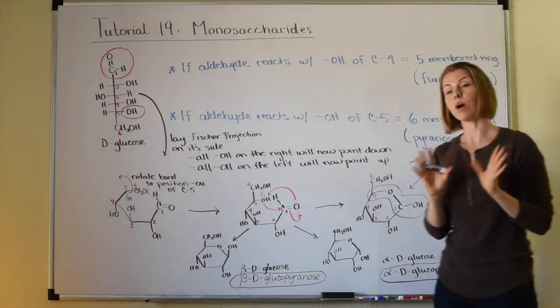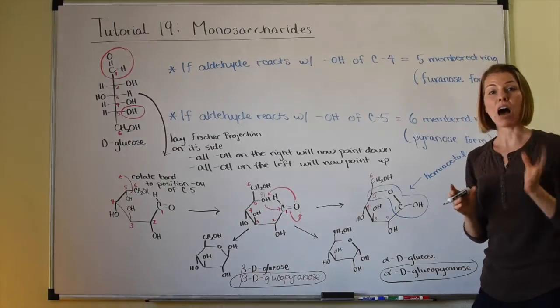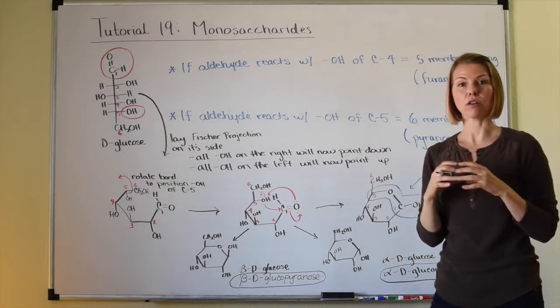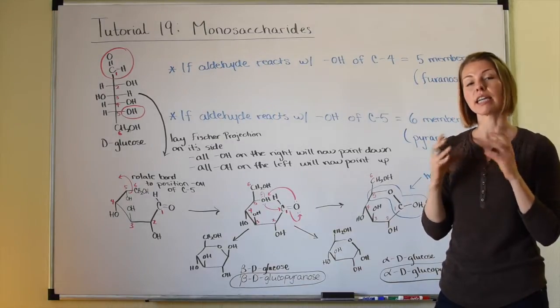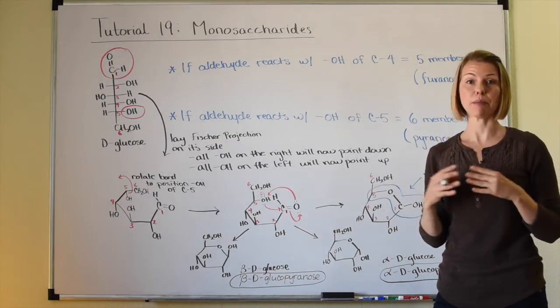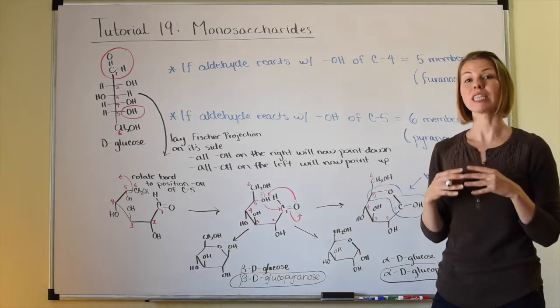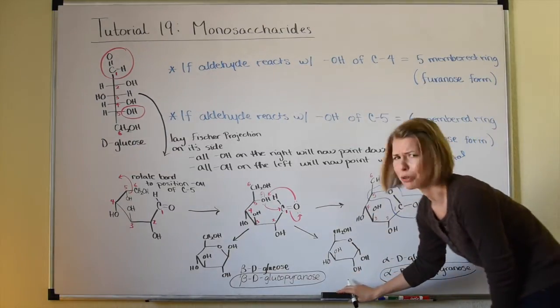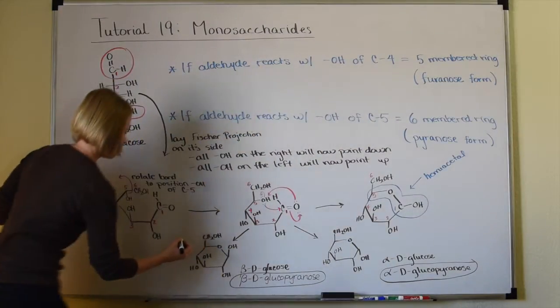Okay, one last thing, remember that the alpha and the beta form of the cyclic hemiacetals are a type of diastereomer, a special type of diastereomer relationship called anomers. I'm going to write that down here, if I have room. Let's see, how about over here?